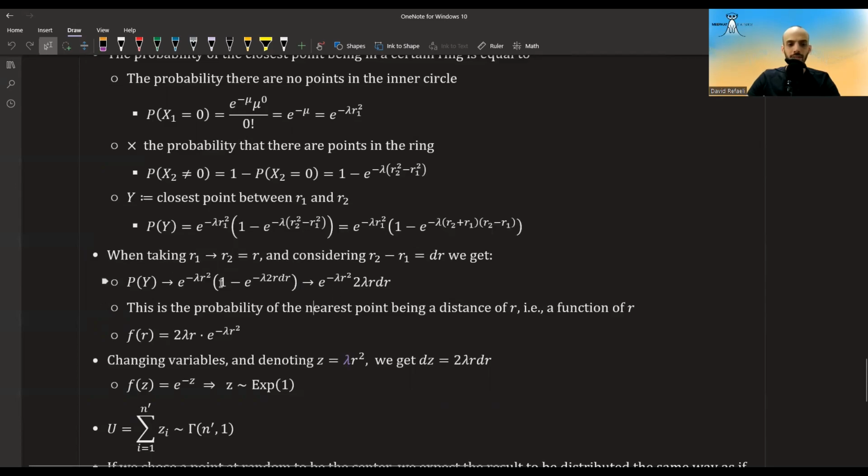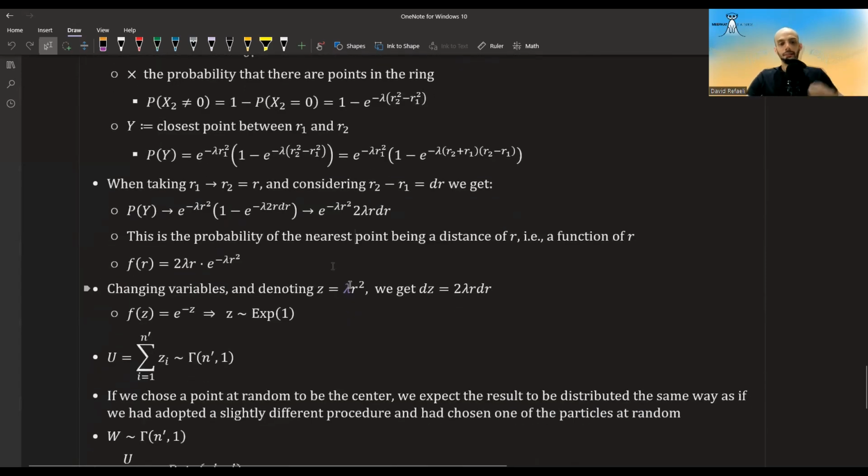And now notice that because dr is becoming really small, this thing, so 1 minus e to the power of minus x, is almost identical to x when x is very small. So we get this thing over here. And so notice that this is a function of r.